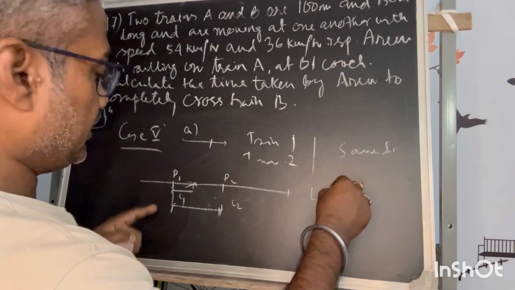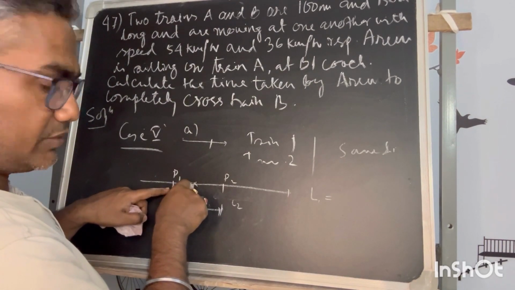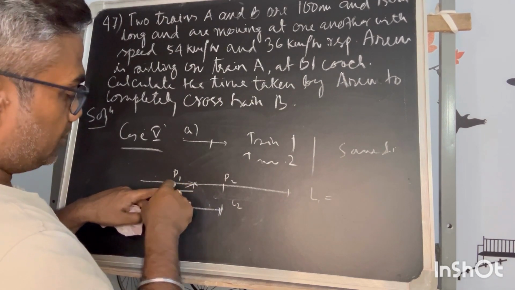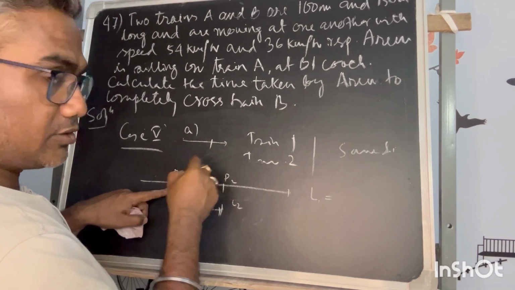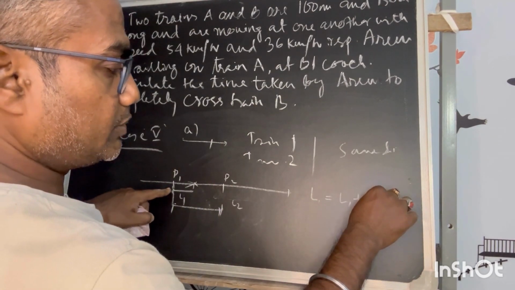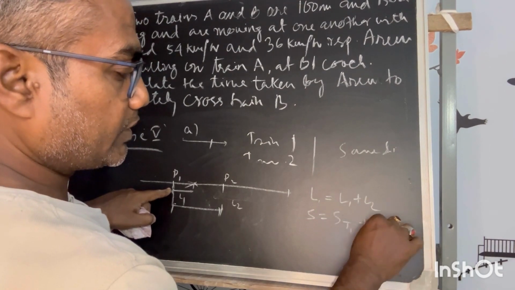So the length has to be measured from the front of the engine, the front of the train where he is sitting, and their relative position has to be mentioned. In that case, that is the length, and the speed will be the speed of those trains.